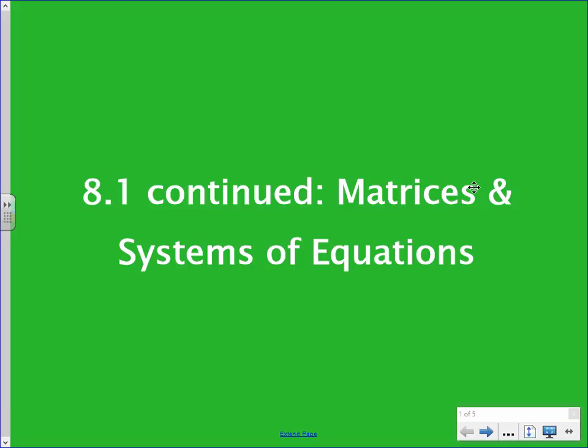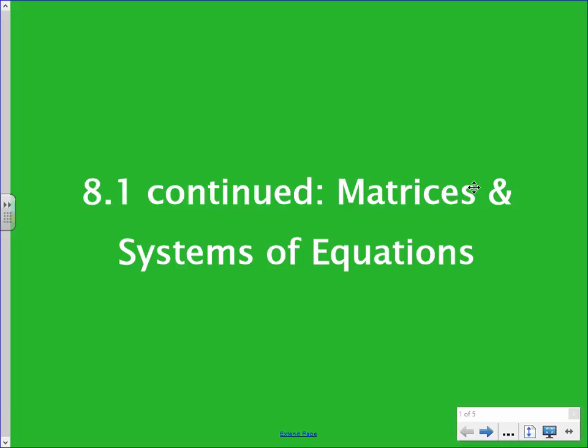What form is that augmented matrix in? Okay, it's in row echelon form. Do you agree that if our augmented matrix is in row echelon form, it's nice to solve?